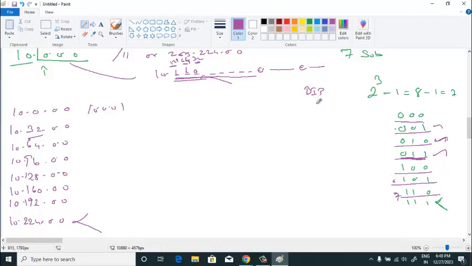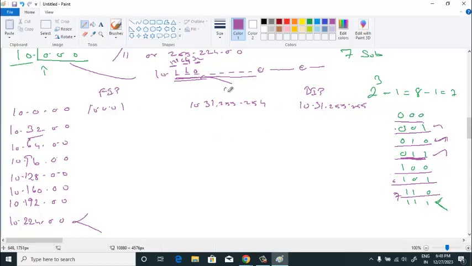Correct. Very, very correct. Now you understood the concept. 10.31.255.255. And the last IP will be 10.31.255.254. You understood? This is first IP. This is last IP.